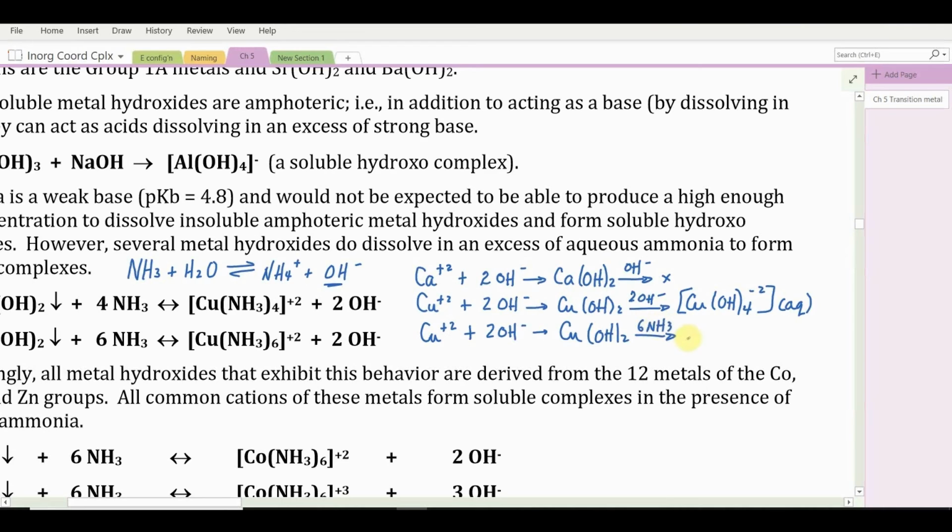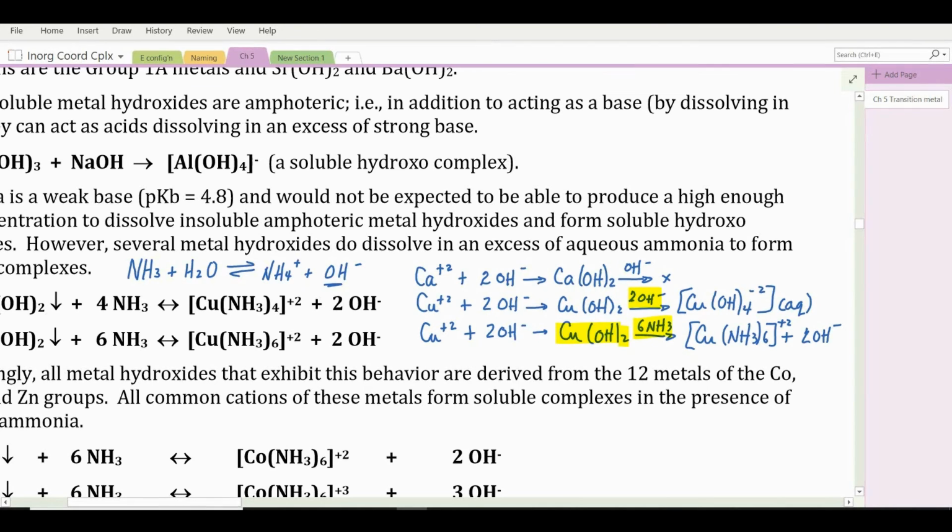6 moles of ammonia will form this hexaamine complex of ammonia and release 2 moles of hydroxide ion. Here we're seeing an amphoteric hydroxide dissolving in excess base. Here we're seeing an amphoteric hydroxide dissolving in excess amine.